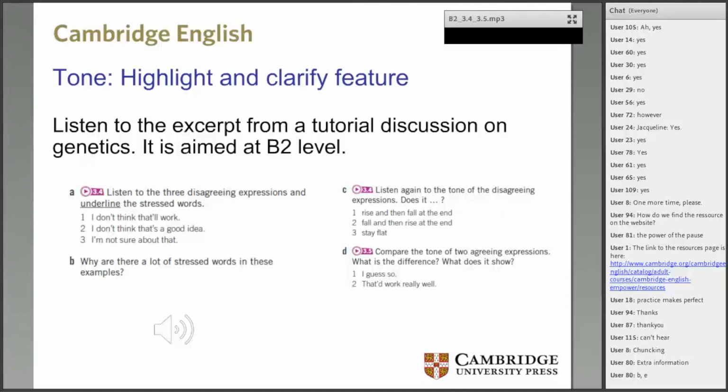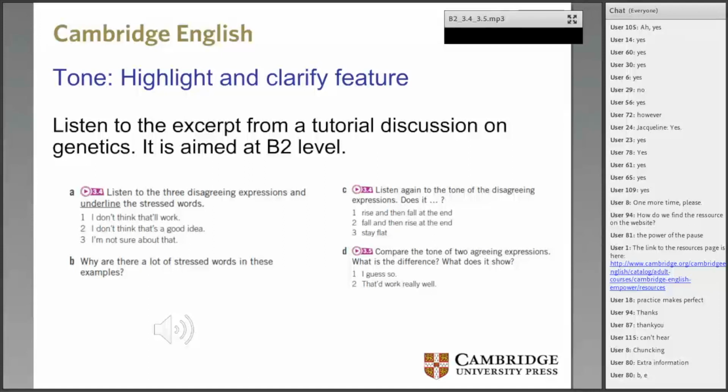Okay, so now we come to the third and final example from the phonological features in the worksheets. So this one is focusing on tone to some extent, and this isn't from a presentation this time, it's from a tutorial discussion where there are 3 students trying to work out when they're going to meet up to prepare a presentation on genetics.